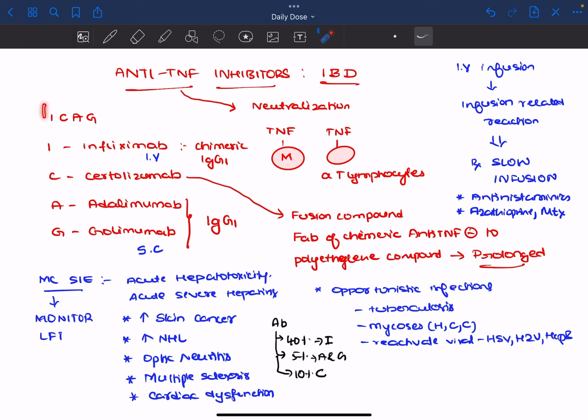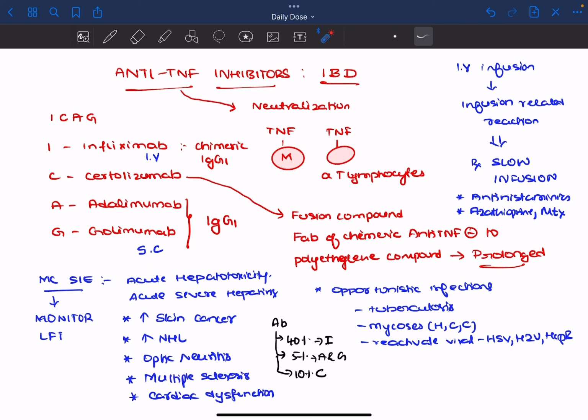So you can remember the mnemonic as I-CAGE. And you also saw the routes of administration: IV, subcutaneous. If you are giving through the IV route, IV infusion, there is a greater chance of developing infusion related reactions. This can be avoided by giving slow infusion. And the most common side effect that can be encountered with all of these drugs is acute severe hepatitis.